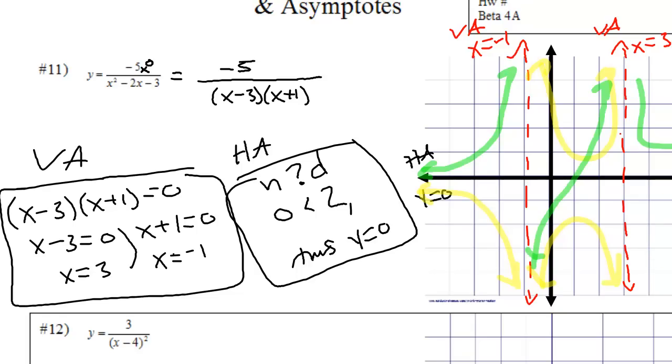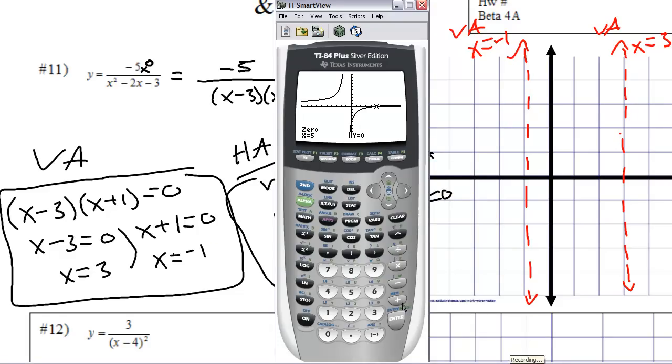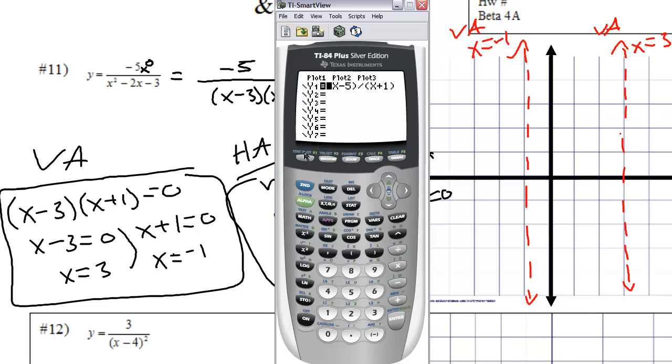We don't know which one. There's different ways to test to figure out what it could be, but right now we're just going to use our calculator. Let me erase these. So I pull out my calculator, go to the y equals.